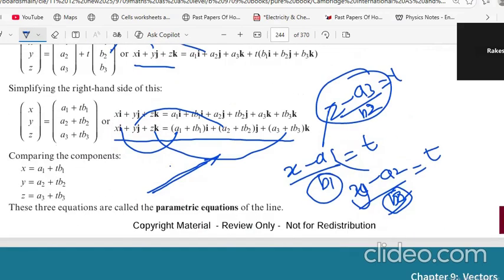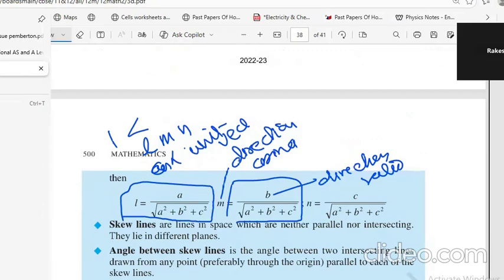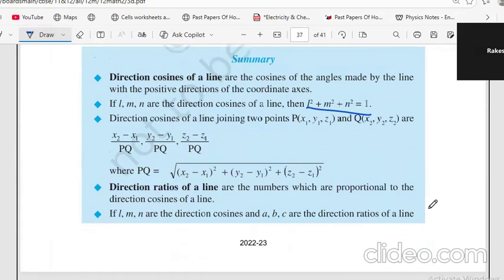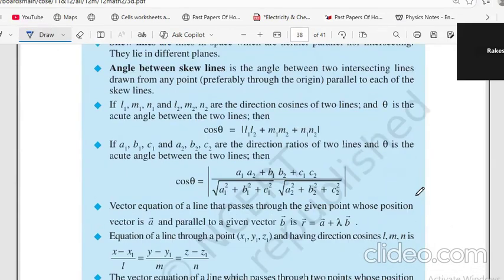And you can find the angle between two lines by both of them. You can use cos theta. There are two lines, you want the angle between them. I know the L1, M1, N1 of this, and L2, M2, N2 of this. Then I will find the angle, and we take the modulus because we want the acute angle.